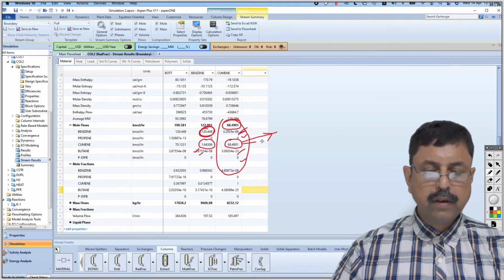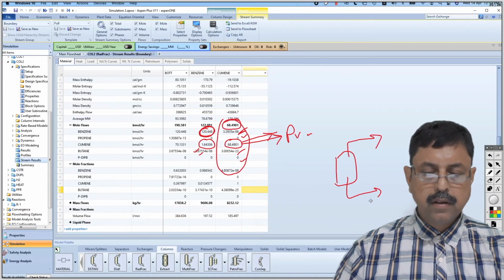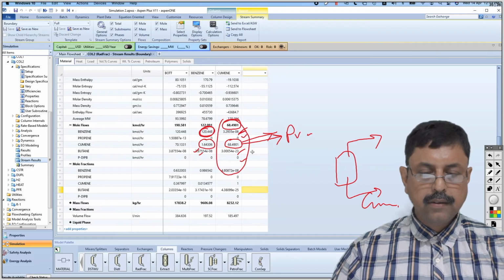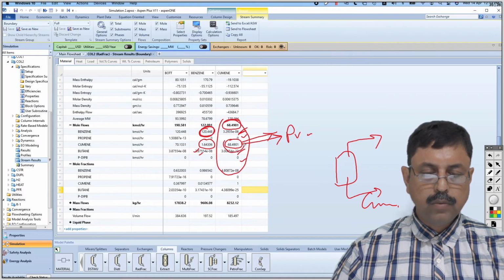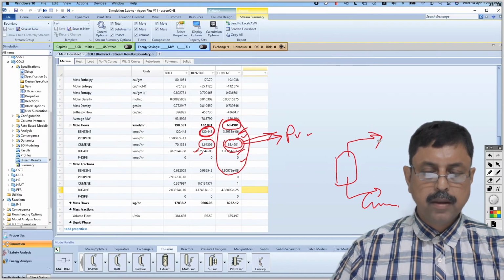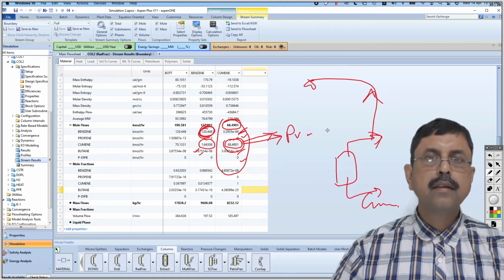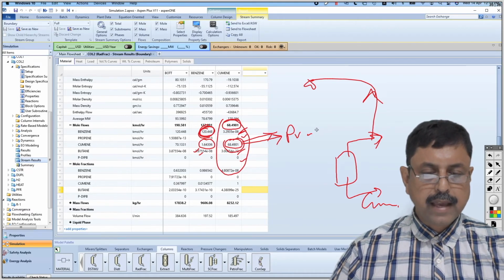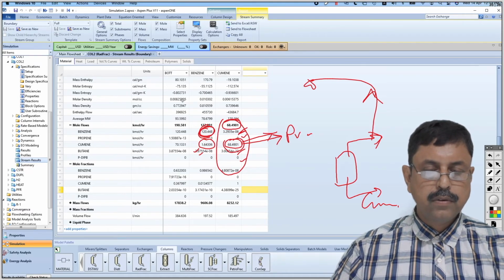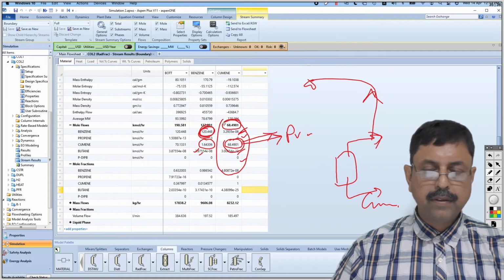Cumene line is, anyway, our product. So in the second column, the Cumene line is entirely Cumene, so this is our product. But this benzene line, we have to recycle so that we can use up this benzene.